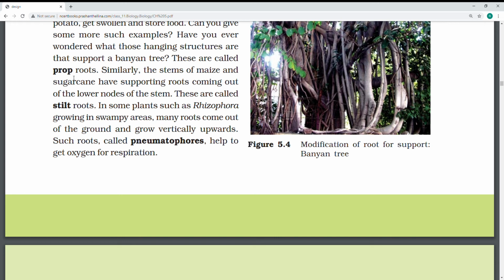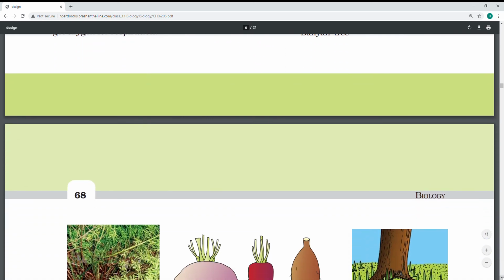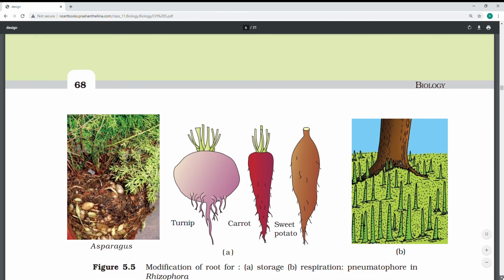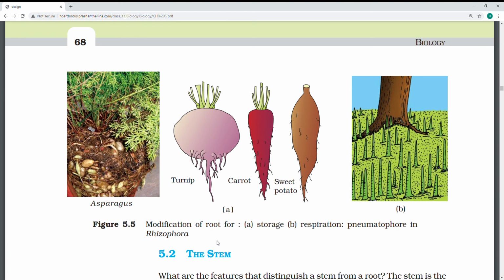So the next one is stilt roots. The stilt roots arise from the basal nodes. Remember sugarcane, how the roots come at each node.